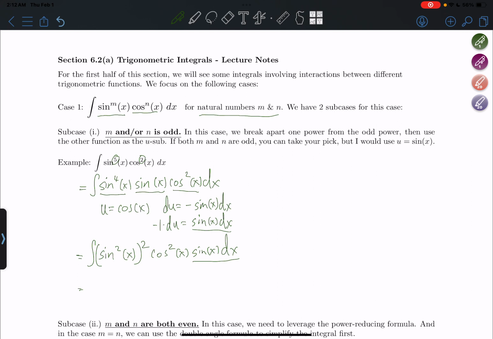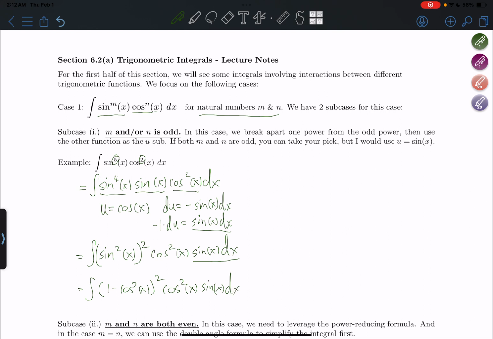And now I can use the Pythagorean identity to rewrite sine squared x as 1 minus cosine squared x, squared, and then cosine squared x sine x dx.